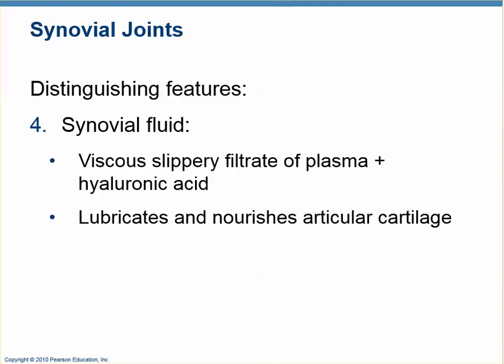So the synovial fluid is also responsible for taking away the waste products, the carbon dioxide and any metabolic waste that are produced by the chondrocytes. So it's very important that synovial fluid be present and being exchanged in the joints. And it gets exchanged and it gets stimulated by joint usage.